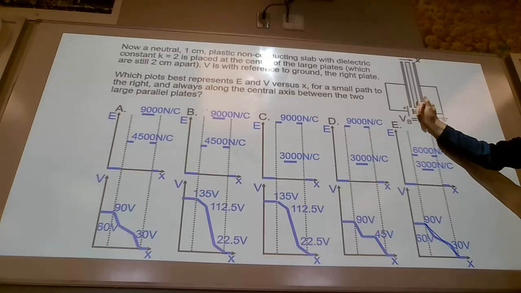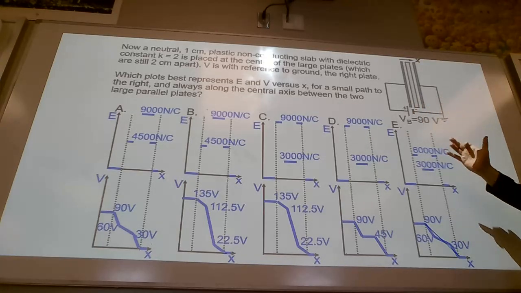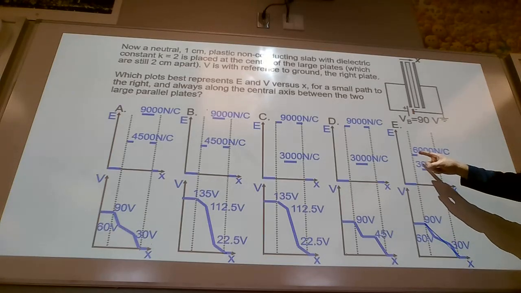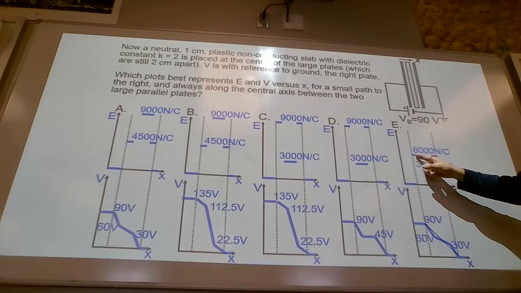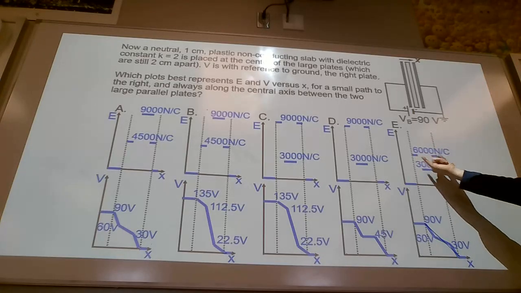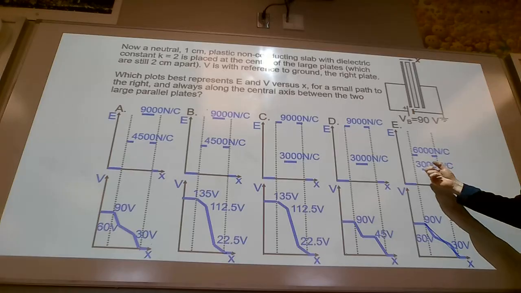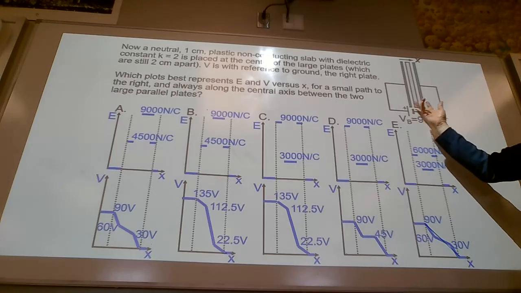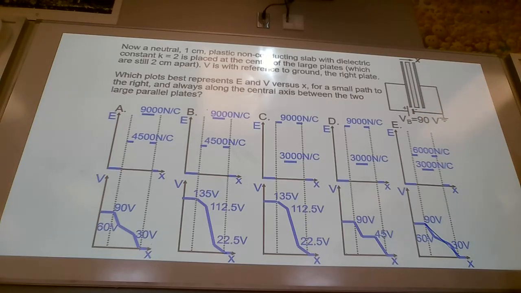In the dielectric, though, it weakens that field. So it's going to be stronger than your 4,500 in these spots here, but weaker because that dielectric has an internal electric field that's fighting against the outer one.